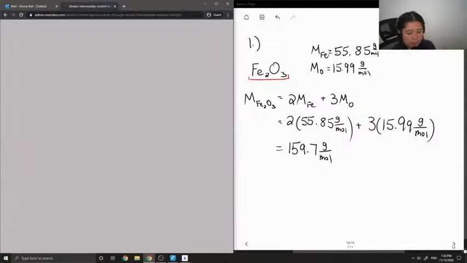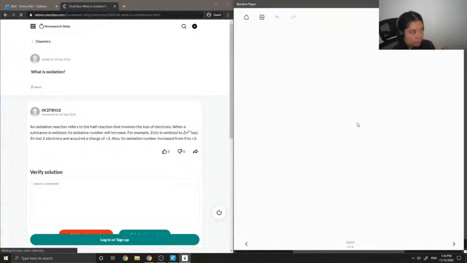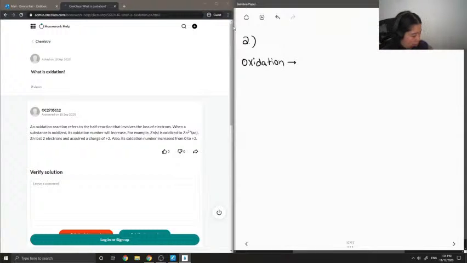Okay, so moving on to question number 2. What is oxidation? So an oxidation reaction, oxidation reactions are also known as a half reaction.